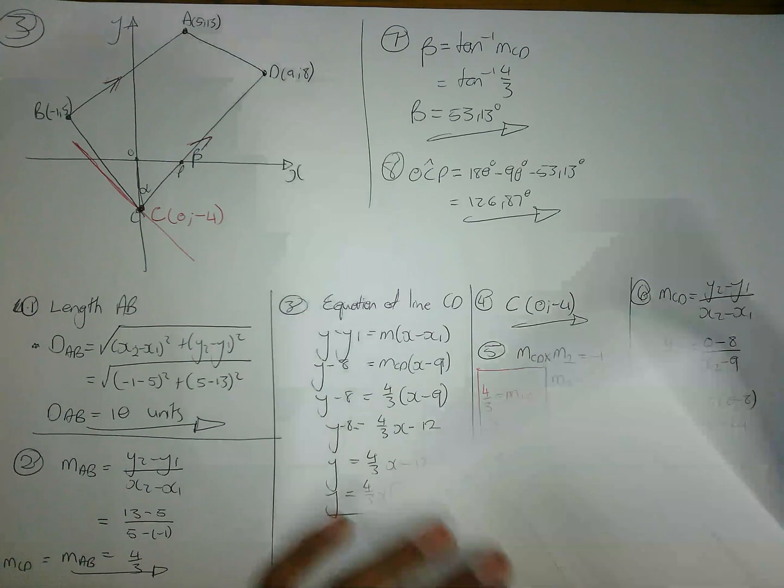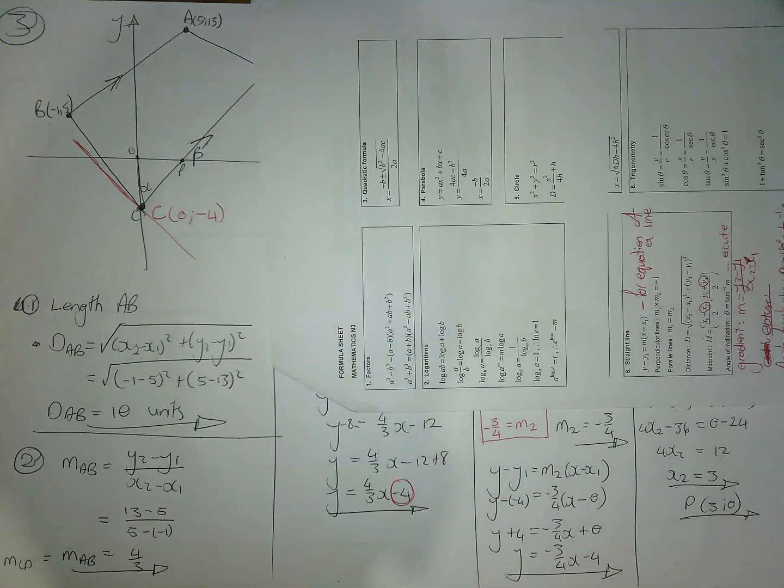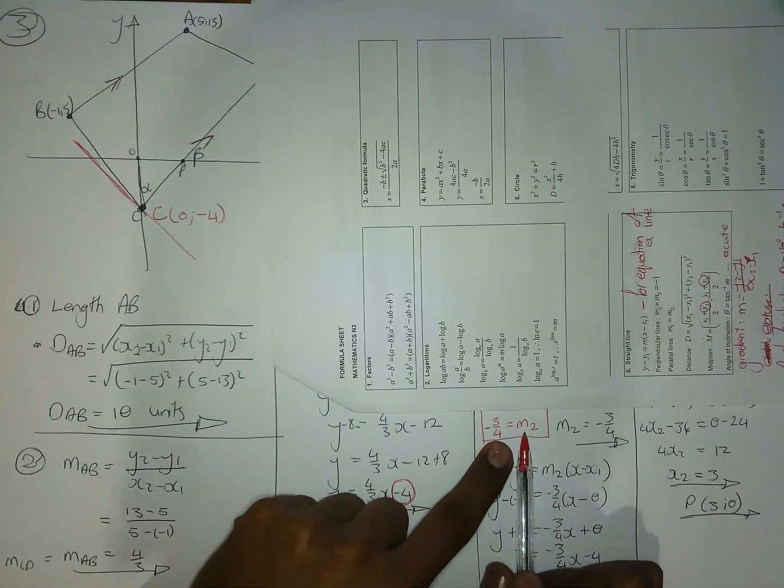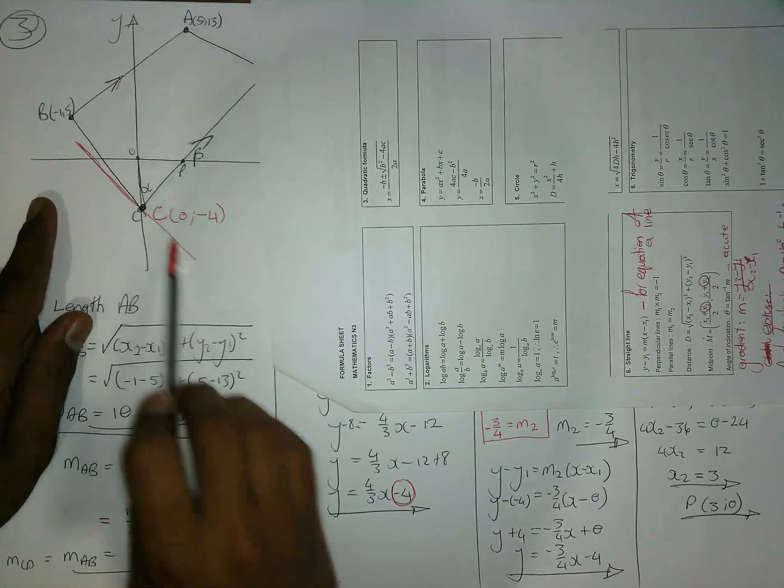Then the very same thing applies when I go back. So let's say this gradient M2 is now this gradient over here, right?